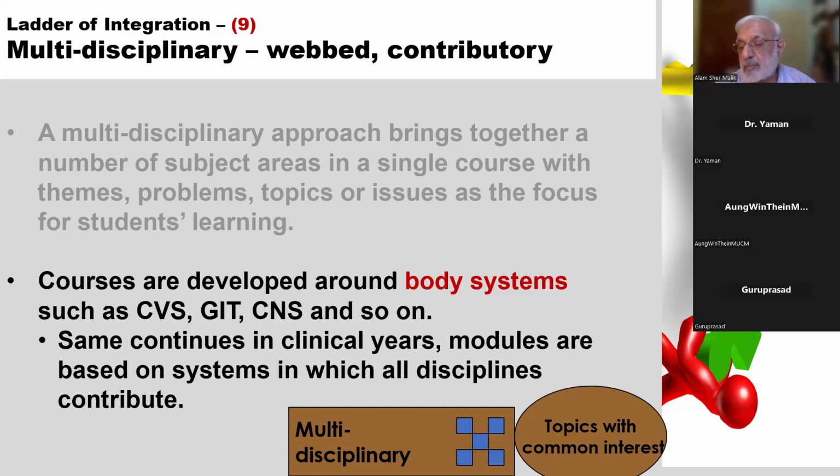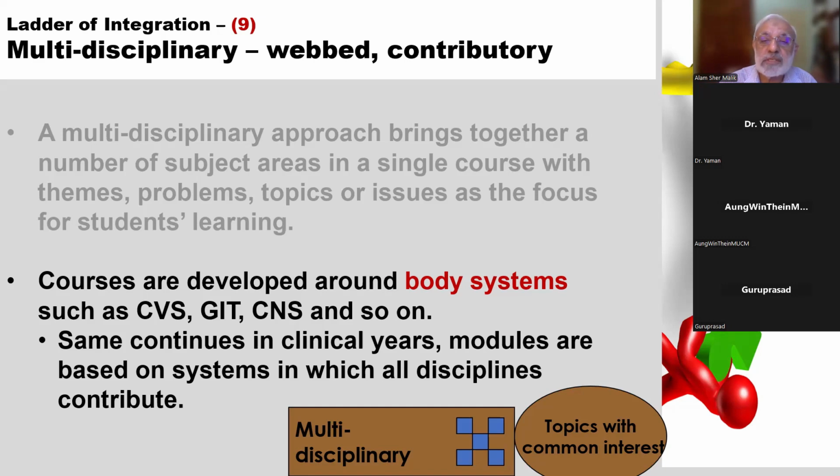So this means that the postings or rotations would be based on the body systems and not on the specialties. So there will not be a medical posting or surgical or pediatric posting, but posting would be, for example, CNS, and medicine would be teaching in relation to CNS, and pediatrics would also be teaching in relation to CNS, and similarly surgery would be teaching. And so that is where the multidisciplinary or contributory comes in.